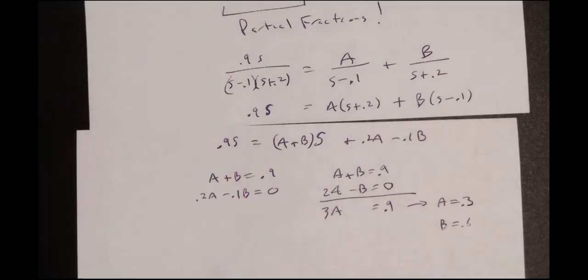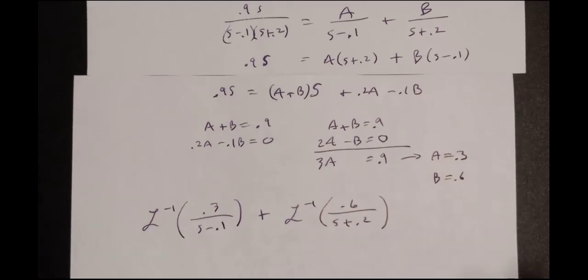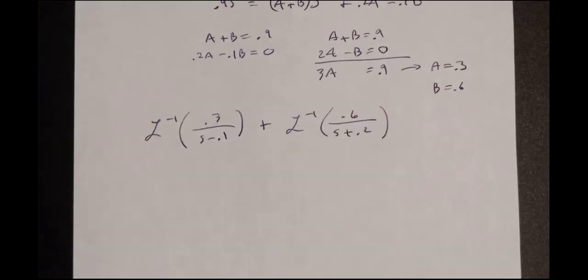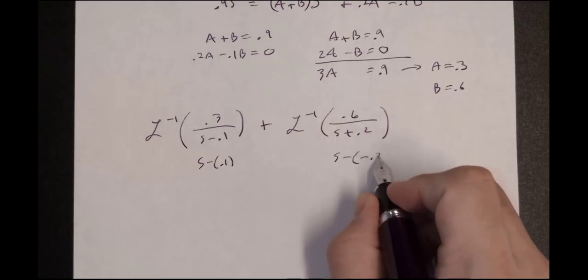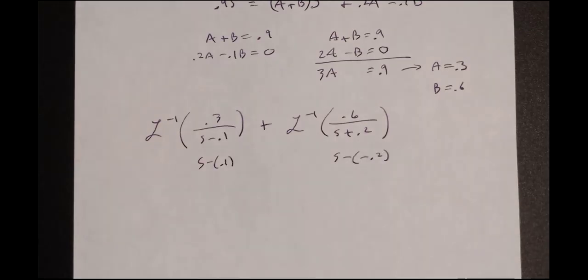Which means this fraction, I'm now asking for the Laplace inverse of 0.3 over S minus 0.1 and the Laplace inverse of 0.6 over S plus 0.2. But that's S minus A both times. S minus 0.1, and this is S minus negative 0.2. And that means those are e's.